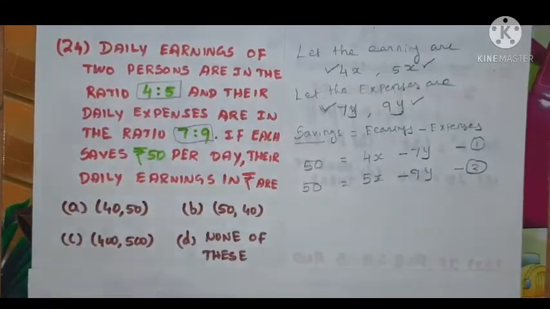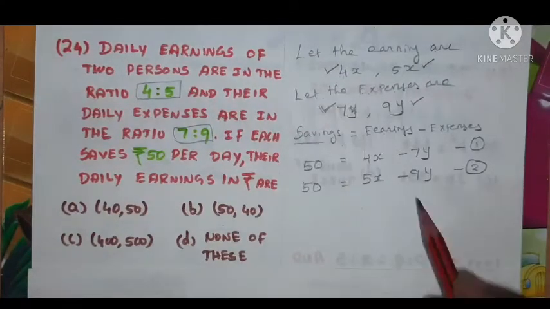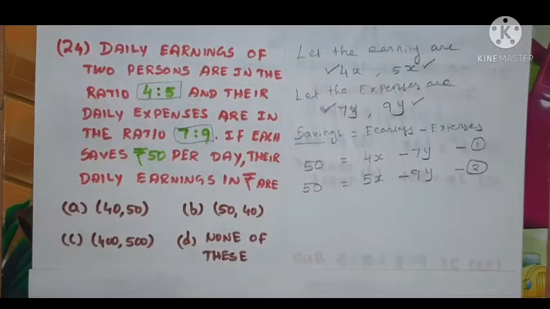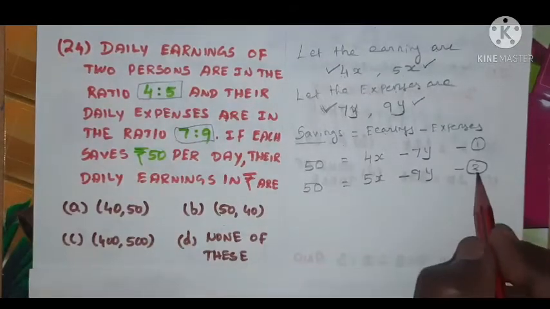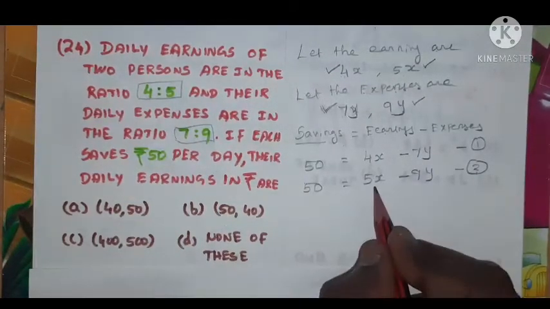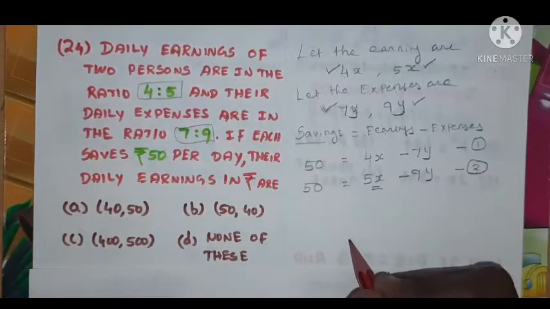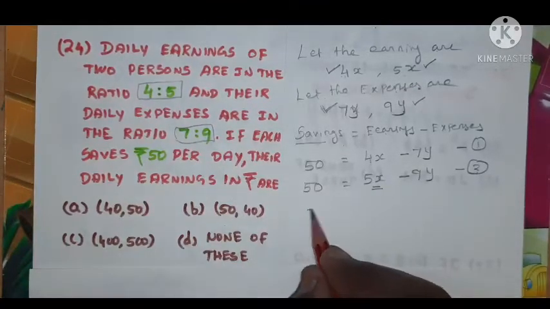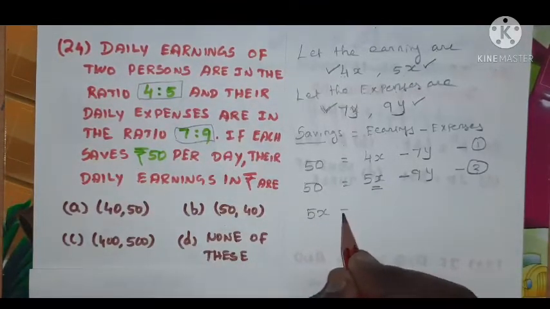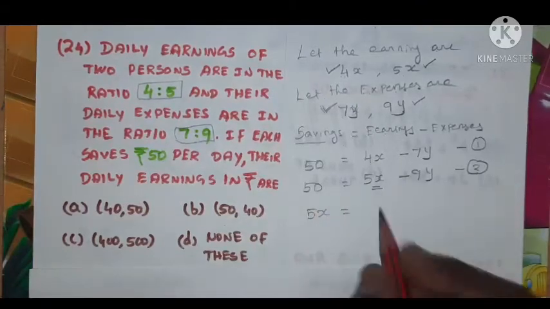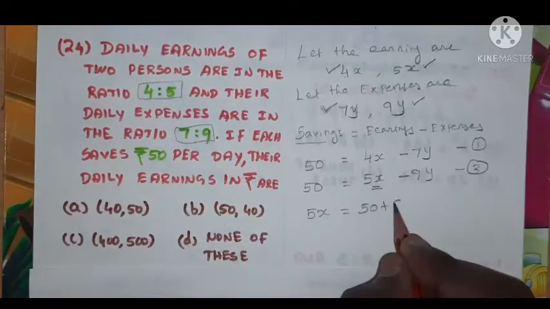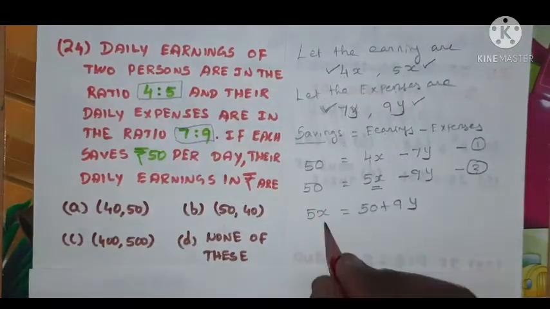Now we are going to solve this and we'll find the answer. Look at what I'm choosing, equation 2, so I'm going to find the value of x. So 5x I'm keeping on one side, hence I'm bringing minus 9y to the other side. So 50 plus 9y, where I need to find only x.